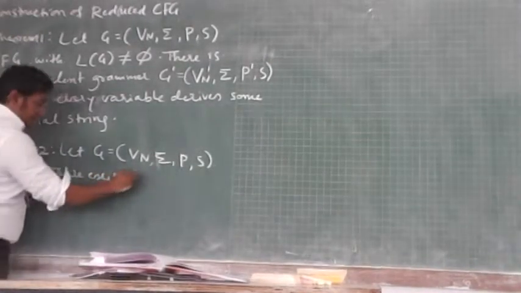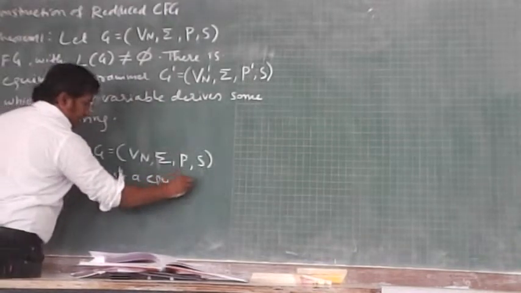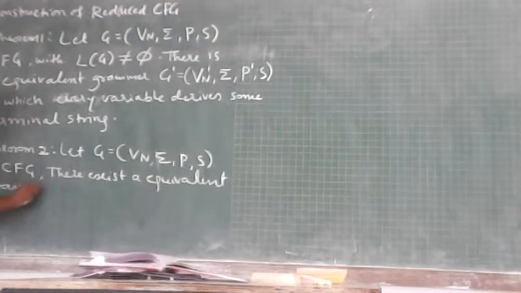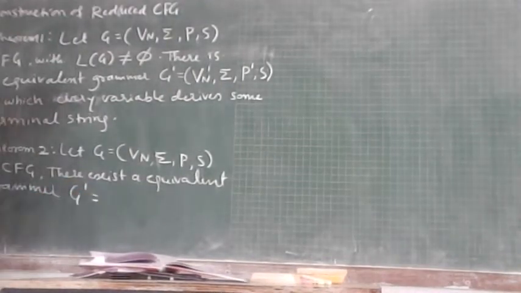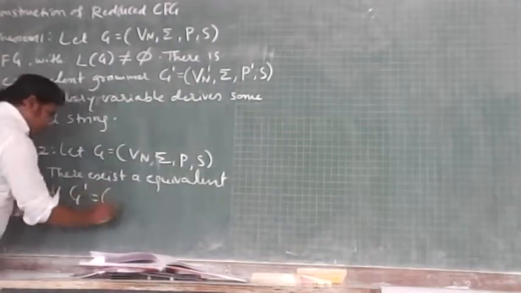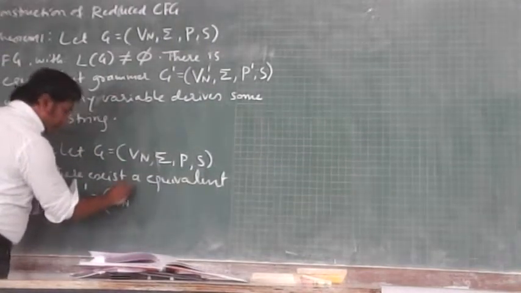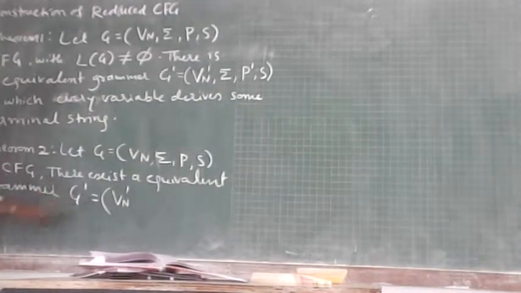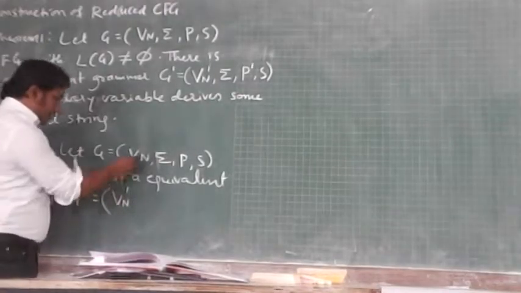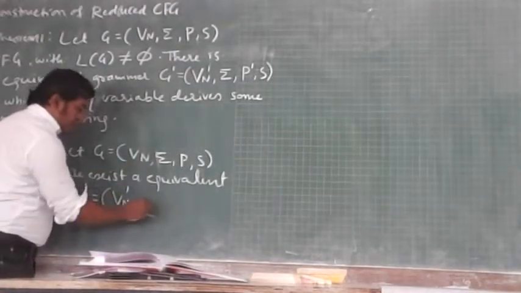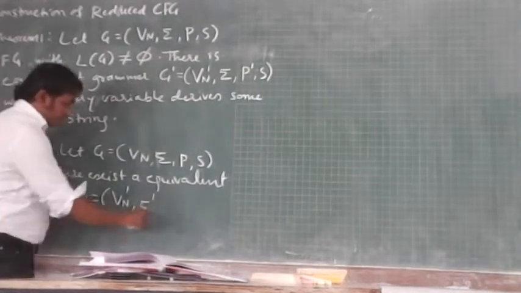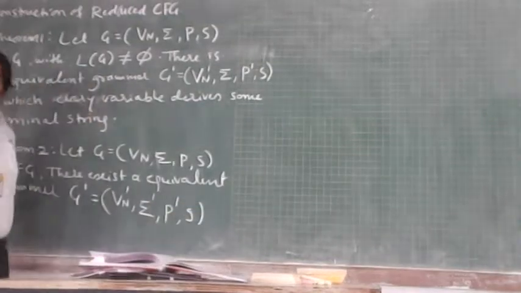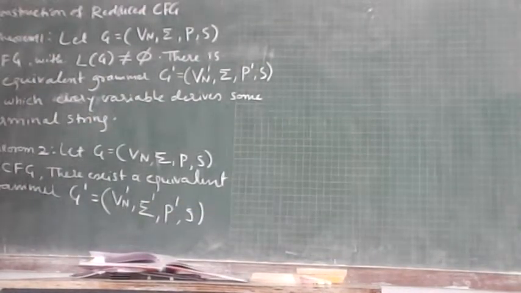There exists an equivalent grammar G dash with further reduction. What this theorem says is that you can have a reduced number of variables, reduced number of symbols and reduced number of productions with the same start symbol. Okay?